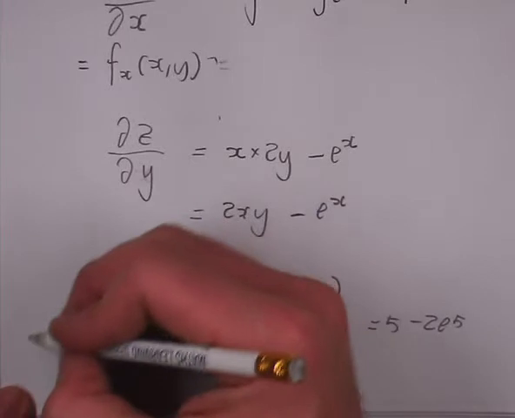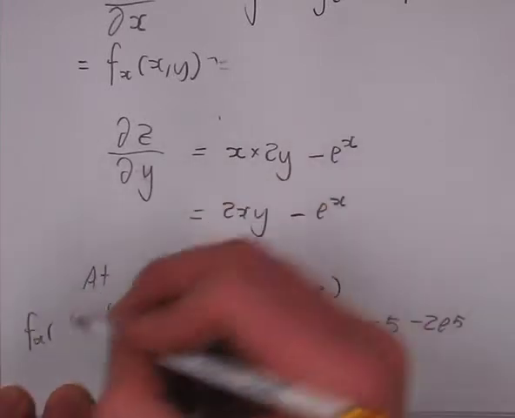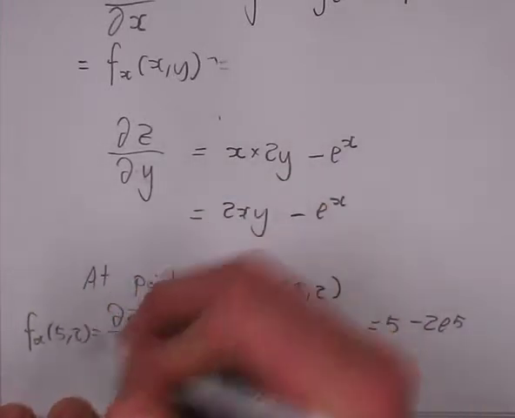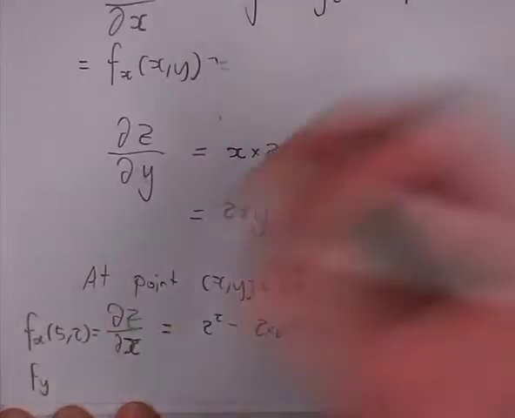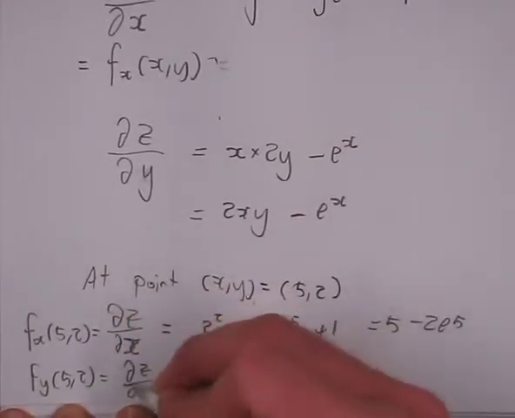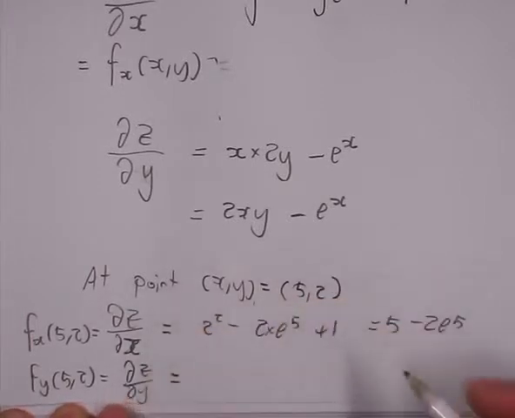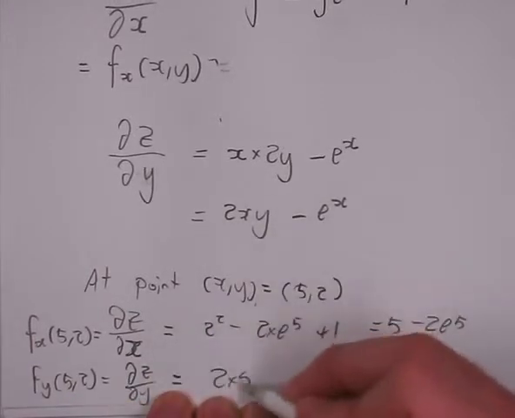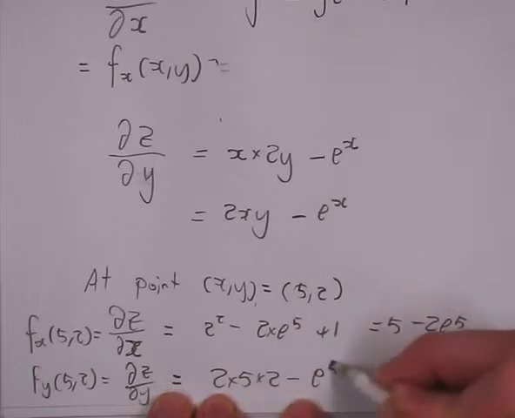And this is also denoted as fx at the point 5, 2. And fy at the point 5, 2, which is dz on dy, is, let's see, 2 times 5 times 2 minus e to the 5.